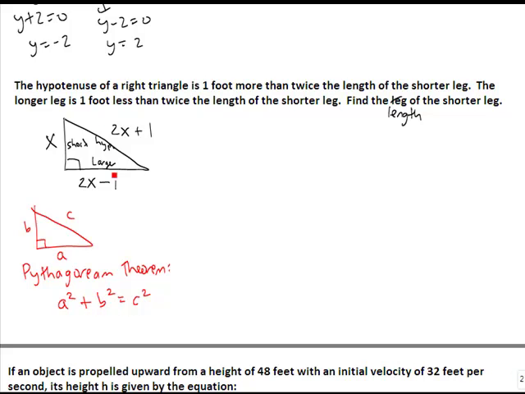So that relationship exists up here as well. All we have to do is translate this into the Pythagorean theorem equation.